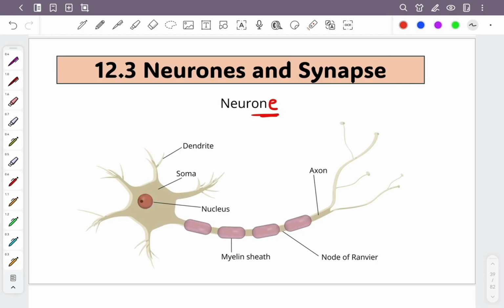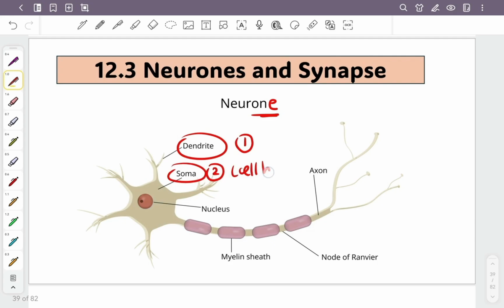So the most important one is this one, the dendrite. You must remember this is the first one. Second is the soma, or what we call the cell body. Cell body also can, soma also can. And we also have the axon. This one is the third thing that you need to know. And then this one, the little thing, you can see there is one little bulge here. You see a slightly bigger round shape near the ends, known as the synaptic knot.